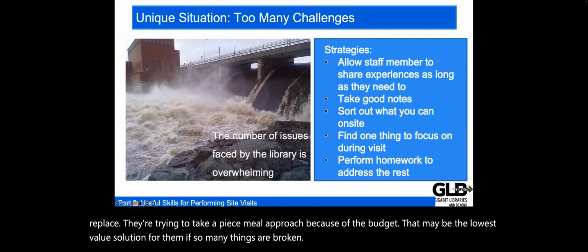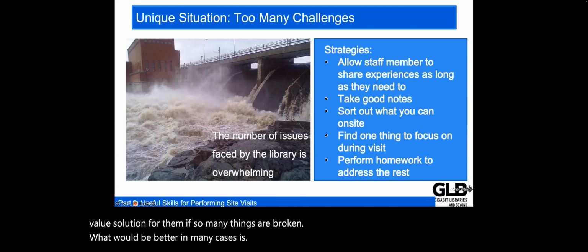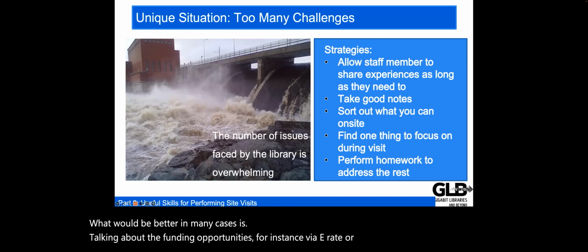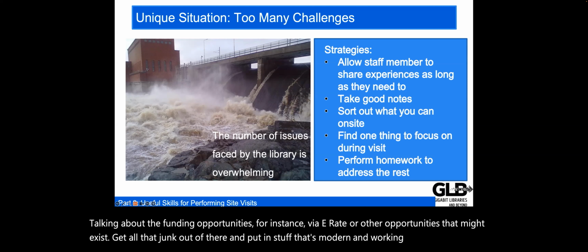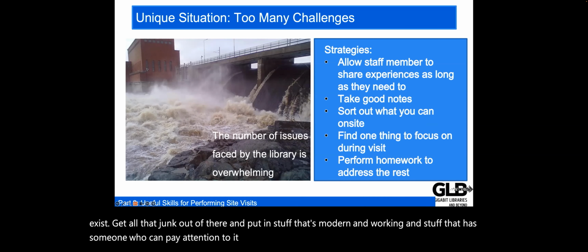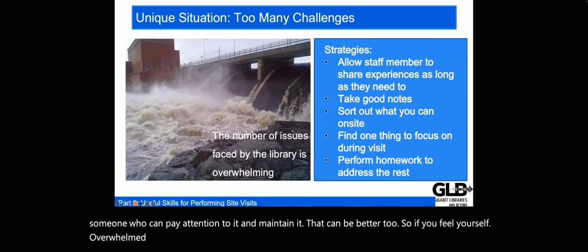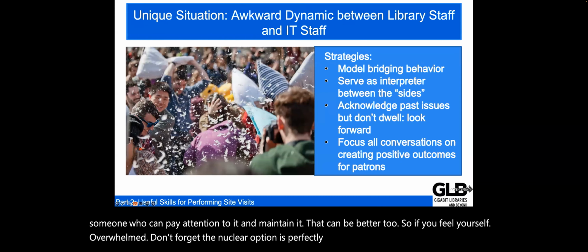What would be better in many cases is talking about the funding opportunities, for instance via E-rate or other opportunities that might exist. Get all that junk out of there and put in stuff that's modern and working, and that has someone who can pay attention to it and maintain it. That can be better too. So if you feel yourself overwhelmed, don't forget the nuclear option is perfectly acceptable in this case.